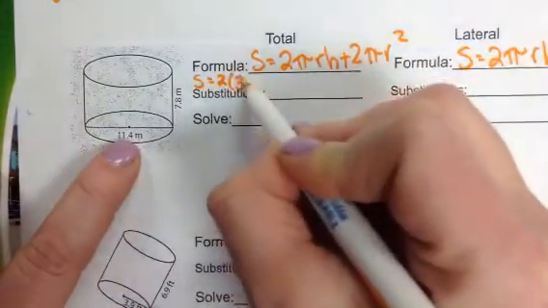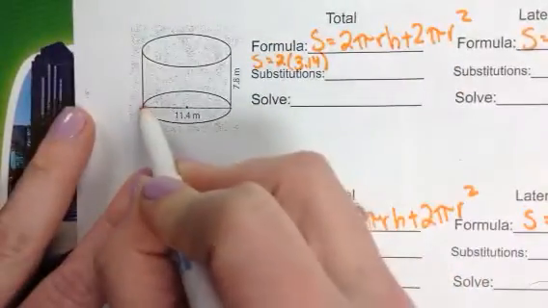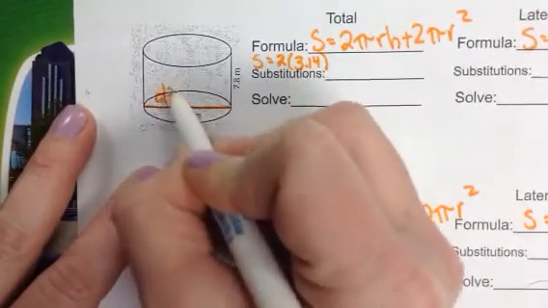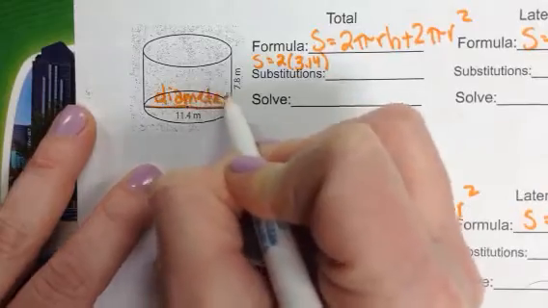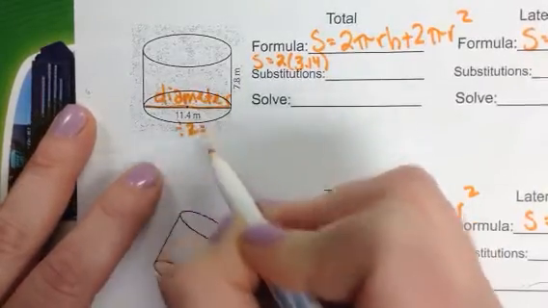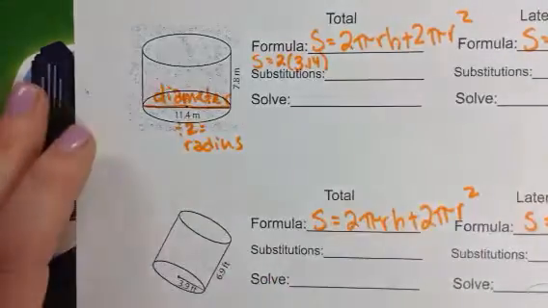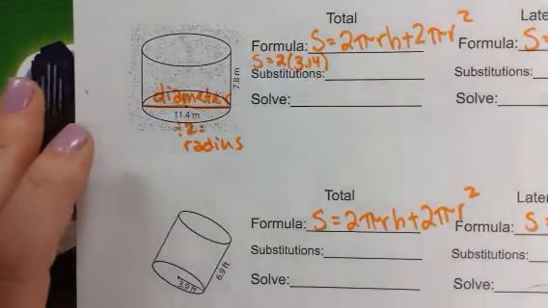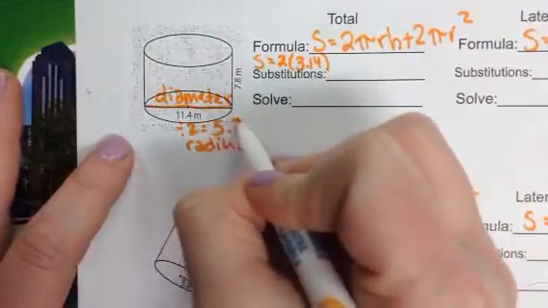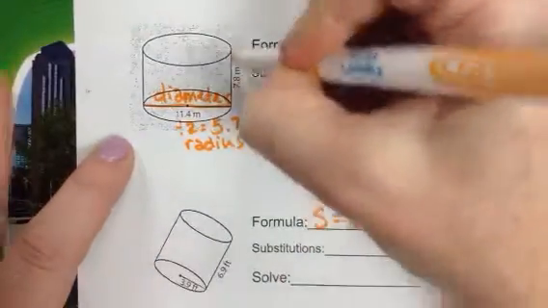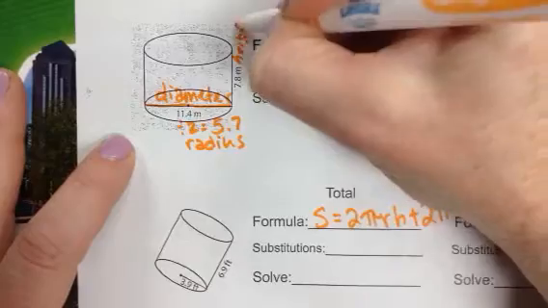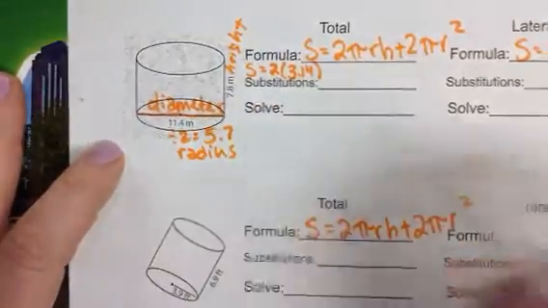2 times 3.14. Again, this gives me the diameter since it's all the way through, so I'm going to divide it by 2 to get my radius. It says 5.7. So that means this 7.8 is going to be the height.